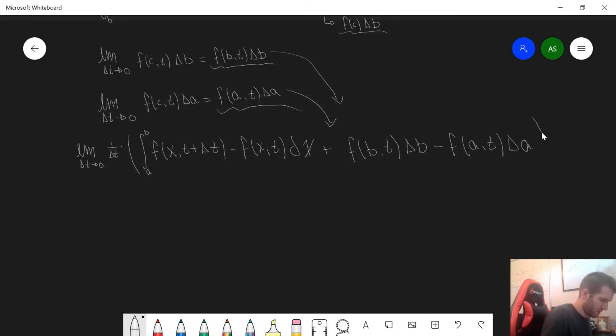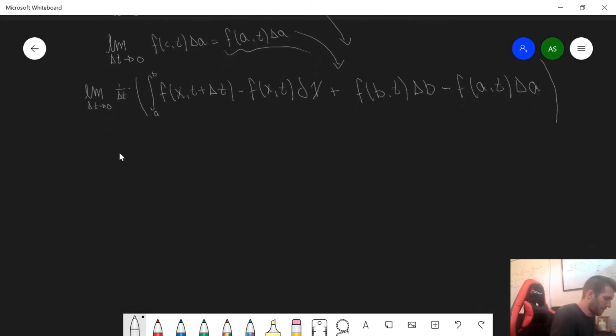And now all we really need to do is multiply everything by that factor of delta t, bring that all over, and then take the limit. So what that gives us is, we're evaluating the limit, so I don't need to do that.